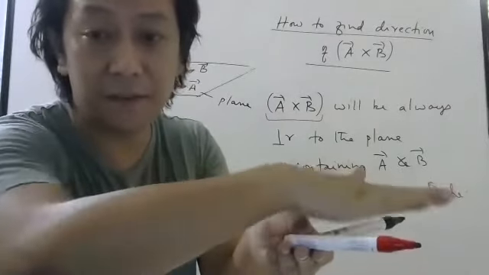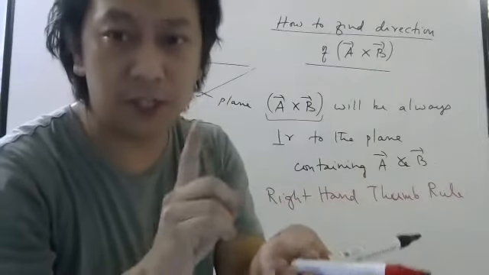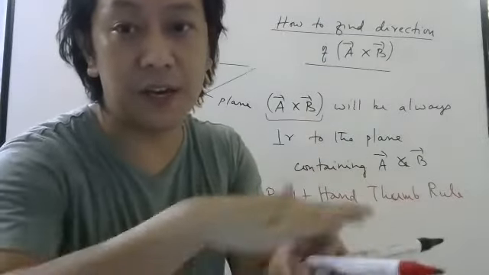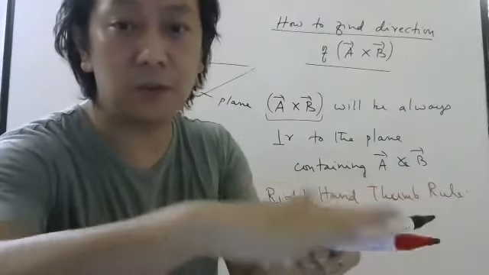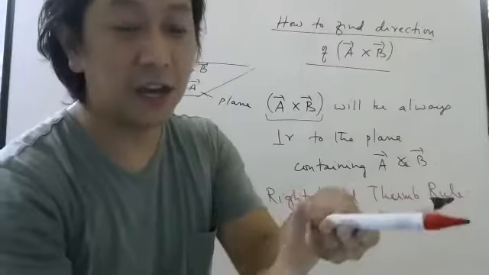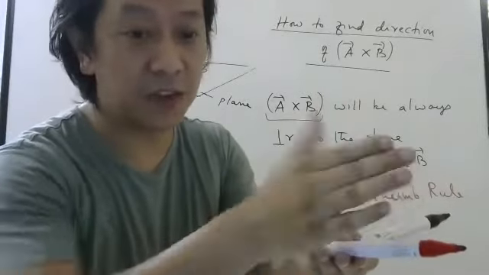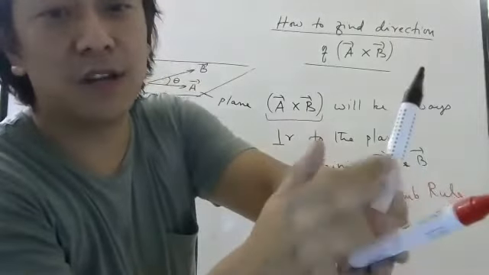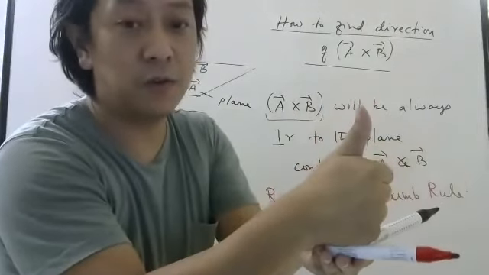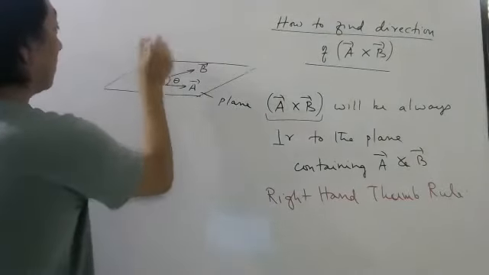Once you find the plane, the cross product will always be perpendicular to it. The question is up or down. For that, we use this curl rule. This is the first vector. So for A cross B, don't curl like this, because you have to go through the smaller angle. So A cross B will be up. Here the cross product will be here.